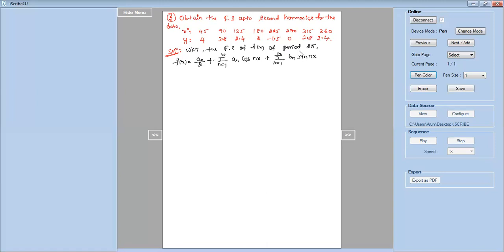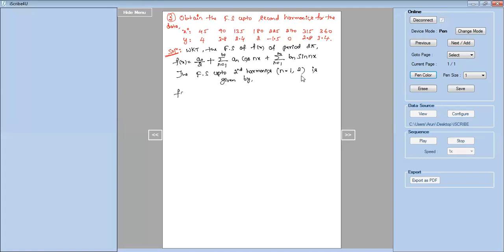Now here, we want a Fourier series up to second harmonics. So let us rewrite this expression up to second harmonics. Second harmonics means n will take two values, 1 and 2. So let us expand this by putting n equals 1 and then n equals 2.